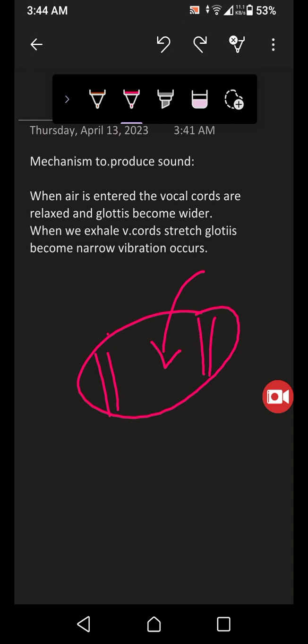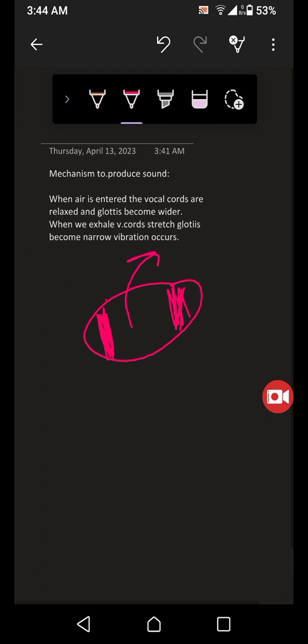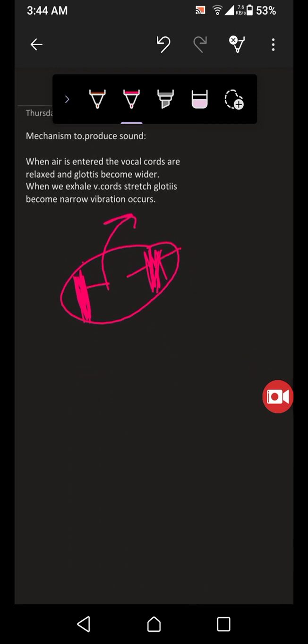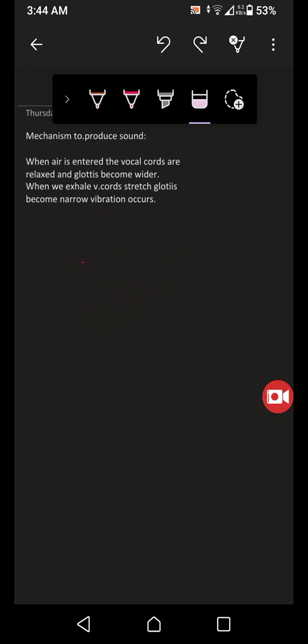But when we exhale out the air, they become narrow and the vocal cords become stretched and the glottis becomes narrow and the vibration occurs between them, and this is how the vibration, the sound, is produced.